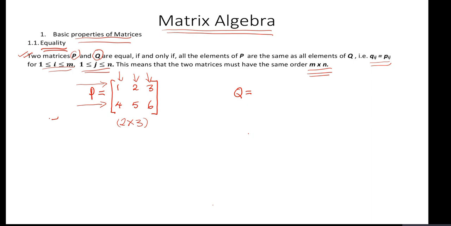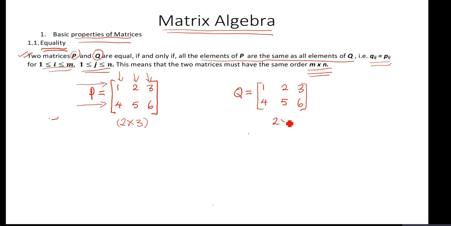Now to continue, when will P be equal to Q? And here the statement says all the elements of P are the same as all the elements of Q. That is when these two matrices will be equal, which means Q must be exactly the same as P. Every single element that you see there must be the same.